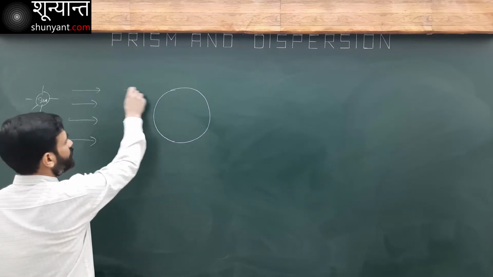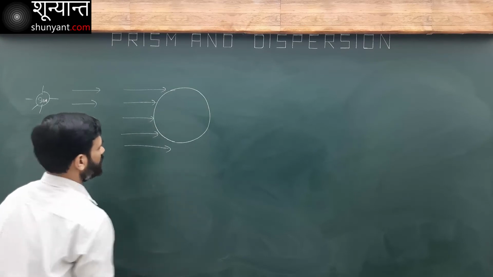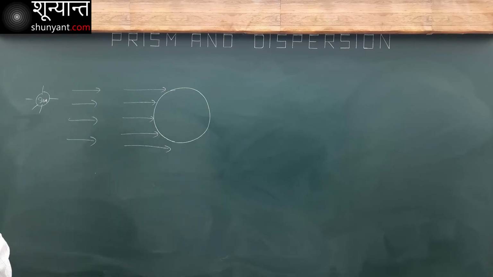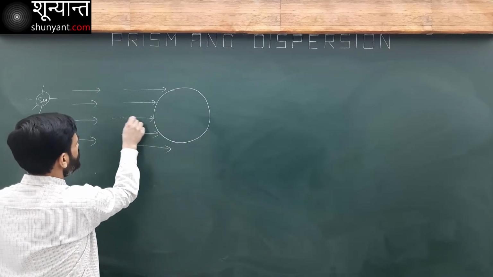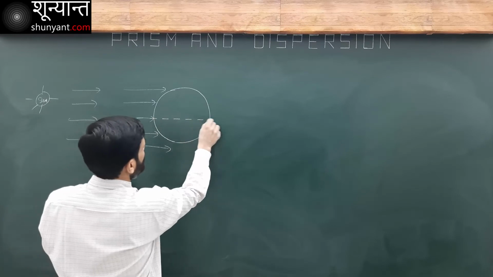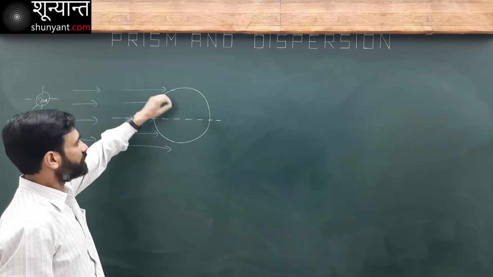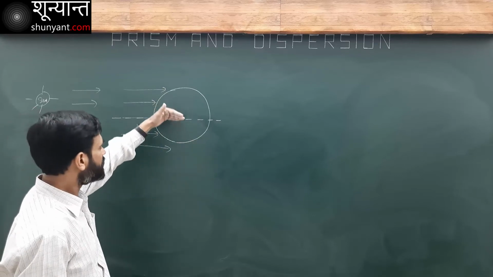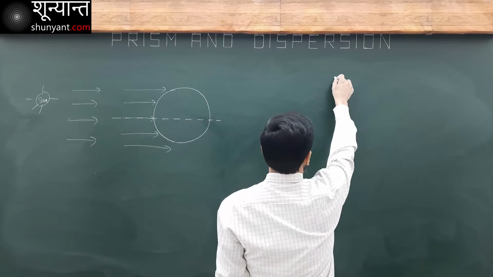Some light will hit here, some light will hit here, some hit here, like this. You understand this? Now let's understand this in 2 parts. Let's consider a light ray which hits the upper part, and then we will consider the light ray which hits the lower part. Consider this.